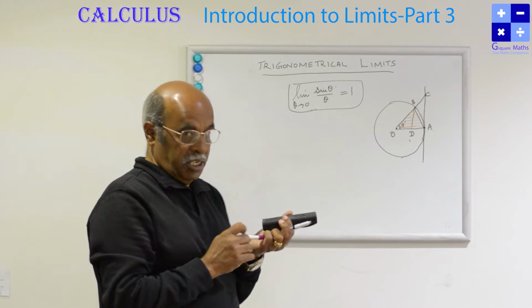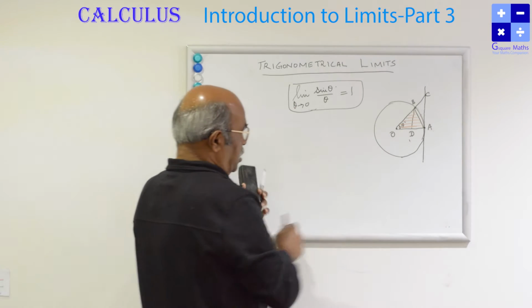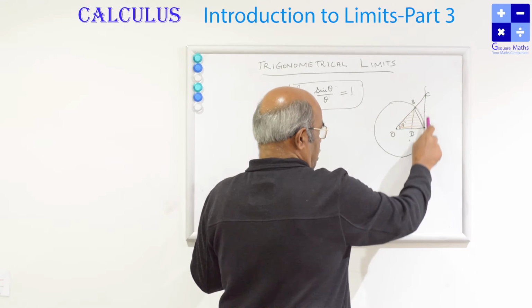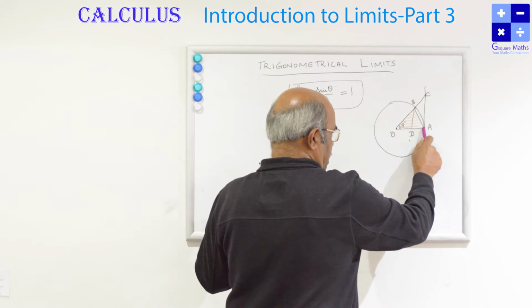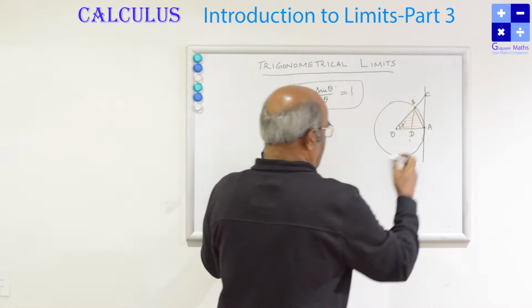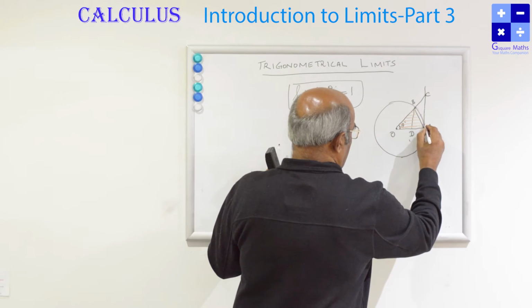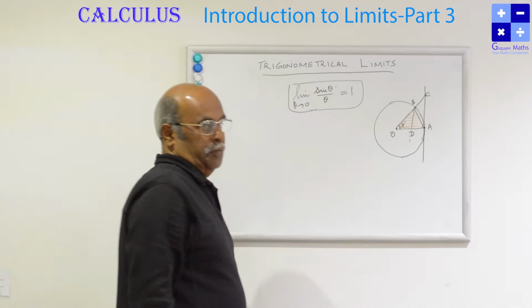Triangle OAC is a right angle triangle, because this is a tangent. A tangent drawn at any point on the circle is perpendicular to the radius, therefore this angle is 90 degrees.